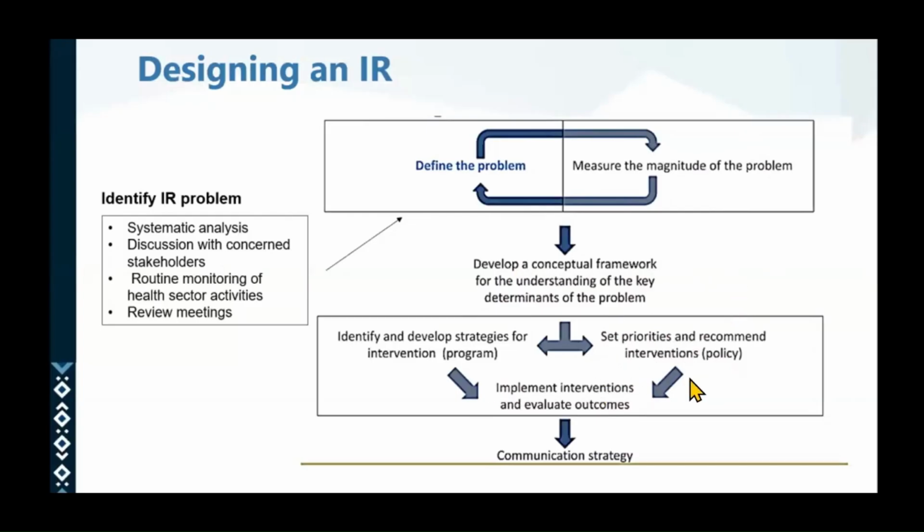And you should be able to evaluate your implementation outcomes. You can either use a service outcome evaluation or implementation outcomes as evaluation, and also have a communication strategy to disseminate your findings, again, tailored to your particular audience.